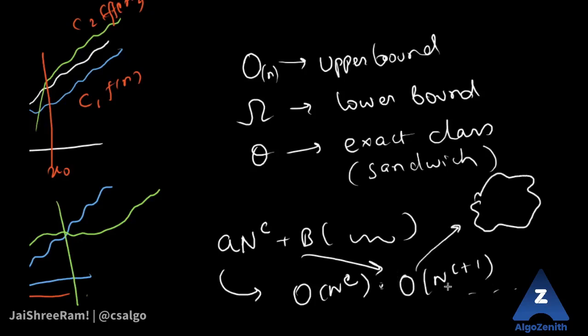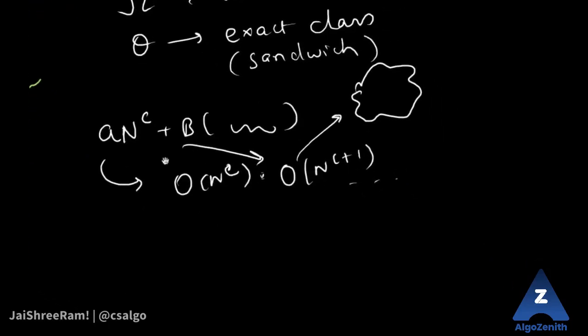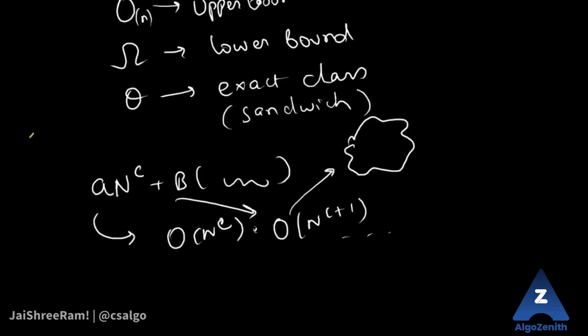Every function that is less than or equal to this by the definitions we discussed earlier will be in this class, and this function is also inside this class. So these order notations describe a set of functions, and this function would be present in all the sets beyond n to the power c: n to the power c, n to the power c plus 1, and so on.